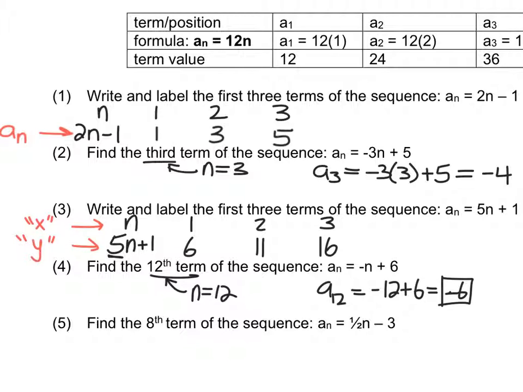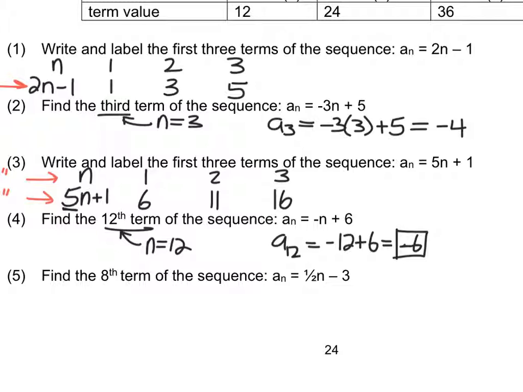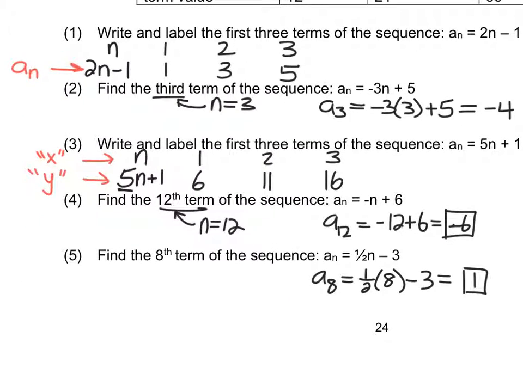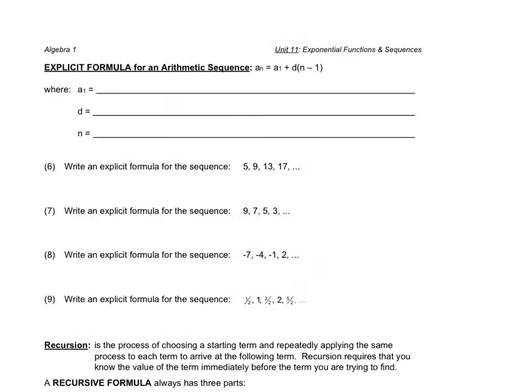Same idea for the 8th term of the sequence. A sub 8, 1/2 times 8 minus 3, so 4 minus 3 is 1. So, of course, we have another formula to memorize.